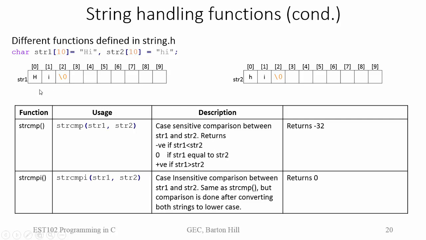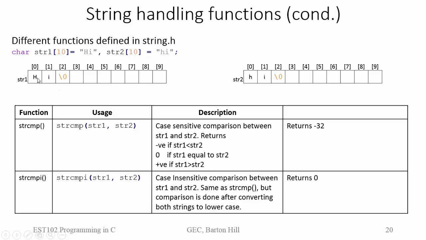If we consider the process of strcmp, it will first take the element at index 0 of str1 and str2, and then find the difference between their ASCII values.